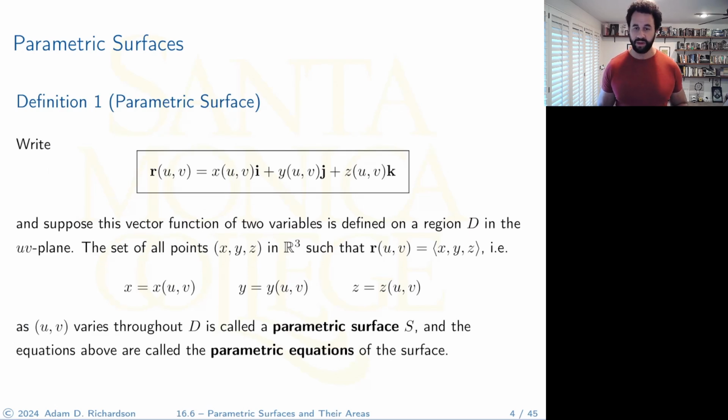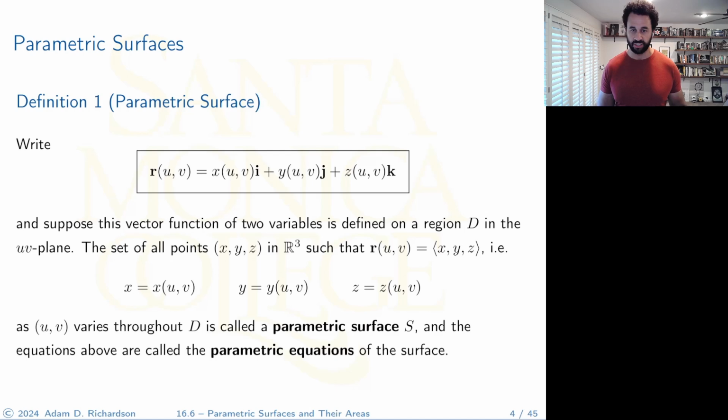So let's see the setup here. We're going to define our parametric surface using this function right here. It is a vector function. R is a vector function. You put in the inputs u and v, and what you get out is a vector. Here, each one of these component functions is a scalar function in terms of u and v. So you have a function describing the behavior in the i direction, a function describing the behavior in the j direction, and a function describing the behavior in the k direction.